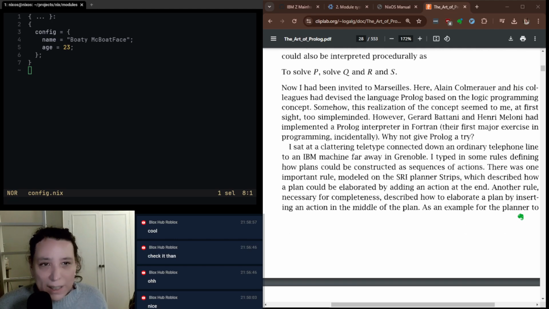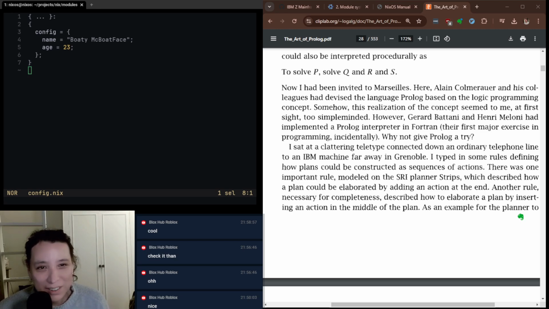Now I had been invited to Marseille. Here, Alain Colmerauer. Is this a French name? Oh, sorry. How would you pronounce this name? Is this French? Colmerauer. Colmerauer and his colleagues had devised the language Prolog based on the logic programming concept.